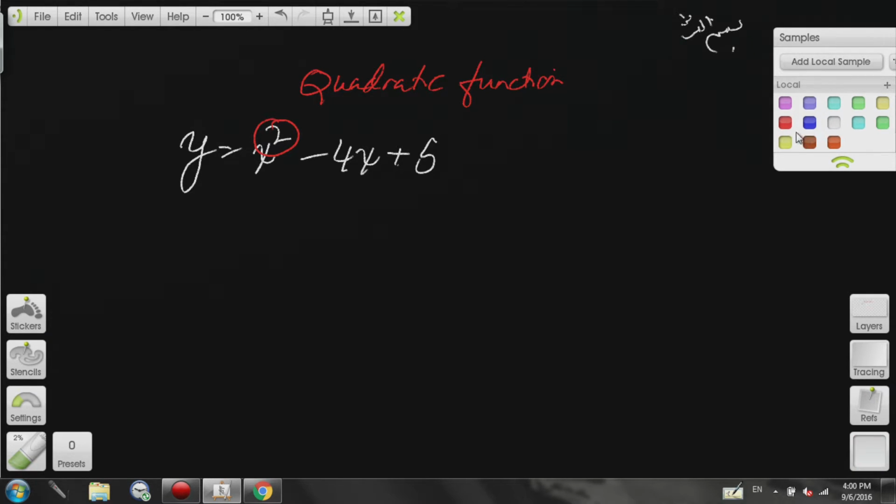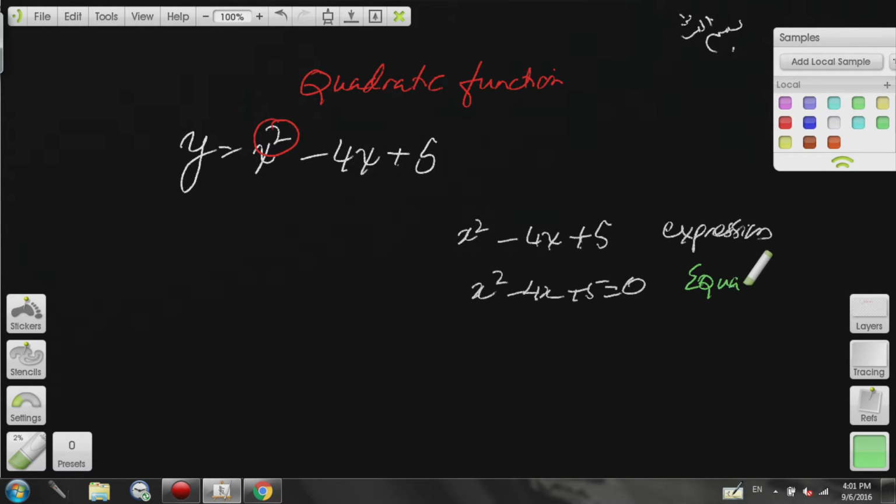Now, I hope you appreciate the difference between, look at this, x squared minus 4x plus 5. This is an algebraic expression. x squared minus 4x plus 5 equals 0. This is an algebraic equation. y equals x squared minus 4x plus 5.